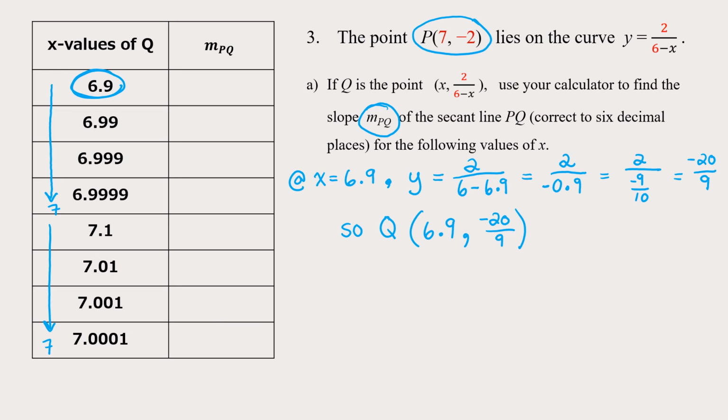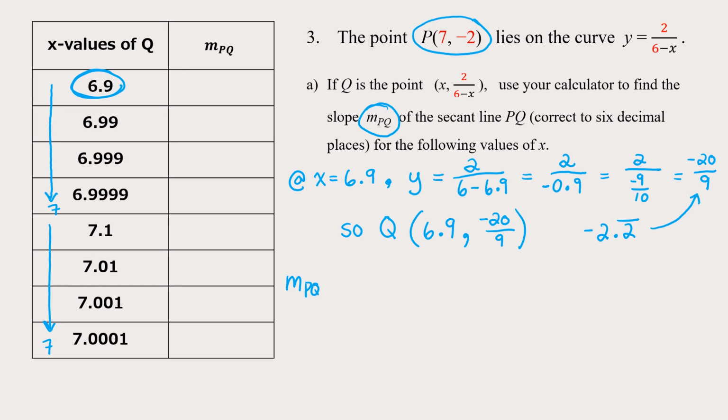And I know that I'm mixing fractions and decimals here, but if we were to rewrite this negative 20 over 9 as a decimal, it would be negative 2 and 2 repeating. And repeating decimals are kind of difficult to do quick math on, so we'll leave that as a fraction for now. So now that we have point Q and point P, we can actually find the slope between these 2 points.